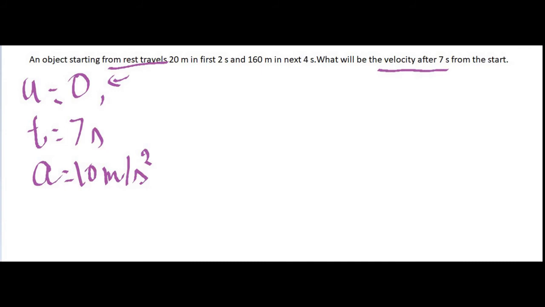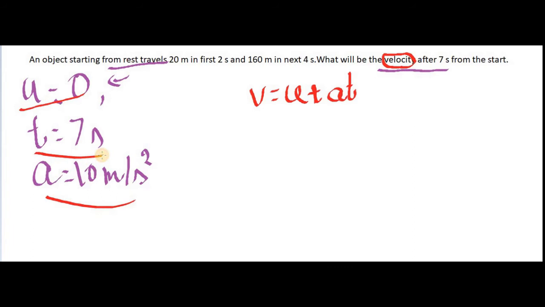We can use the first equation of motion, which is v is equal to u plus at. Why are we using this equation? Because we have to find the velocity. We have u, we have a, we have t, so we have all the values. It would be very simple solving this. So we have chosen this equation. The next part is just substituting the values. Let's substitute it right now.